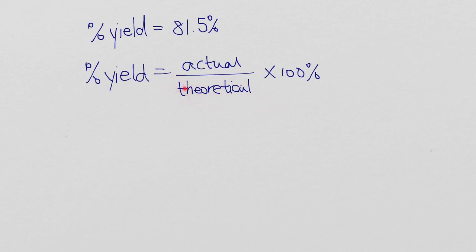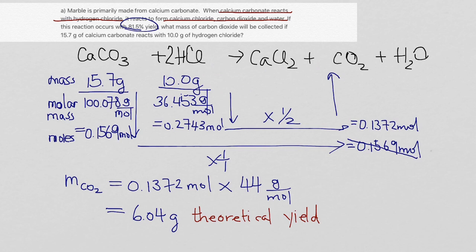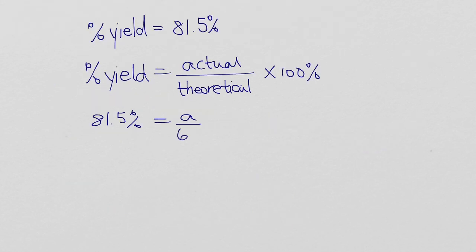And that rarely happens. And in this reaction, they told us that, one, you cannot make everything that you calculated is possible given the amount of reactants, and two, in fact, you can only make 81.5% of it. So we can do 81.5%, and I'm going to use the letters A over T. Our theoretical yield was 6.04 grams, times 100%.